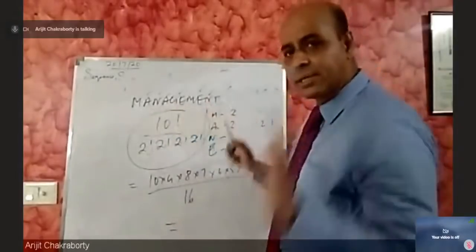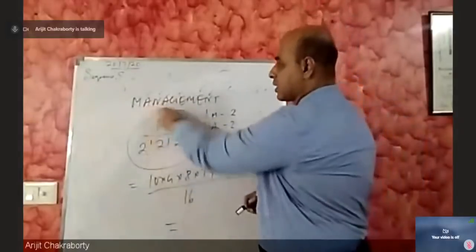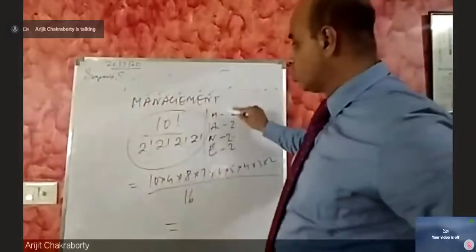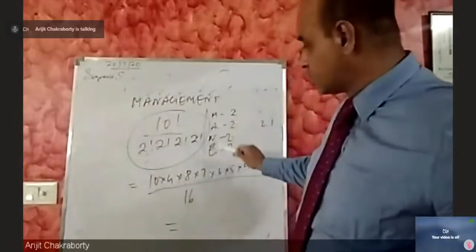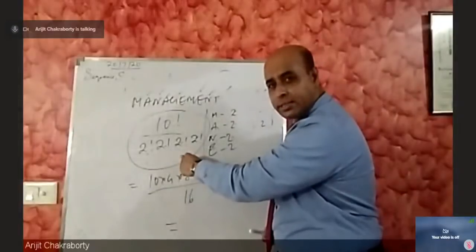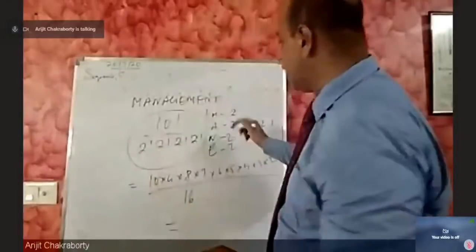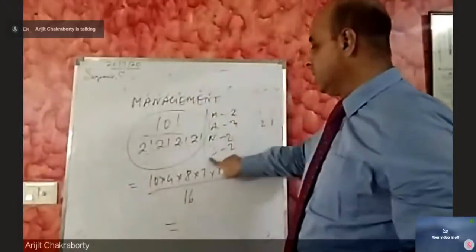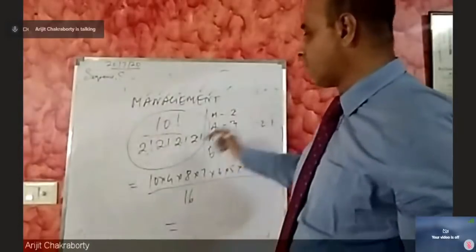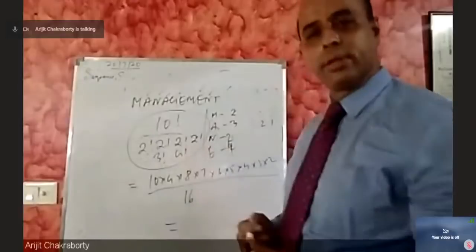Assuming that all the letters are different, it will be 10 factorial. But since we have letters which are common, 2M, 2A, 2N and 2E, this will go to the denominator because these are repeating letters. If you have, say for example, A 3 times instead of 2, and E 4 times instead of 2, then for A it will become 3 factorial and for E it will become 4 factorial.